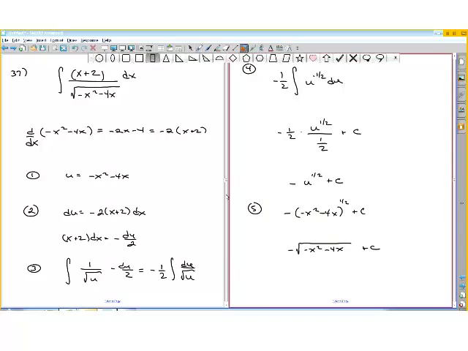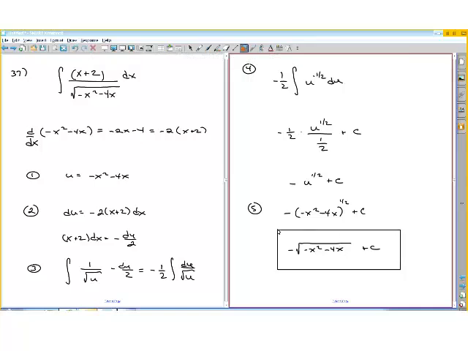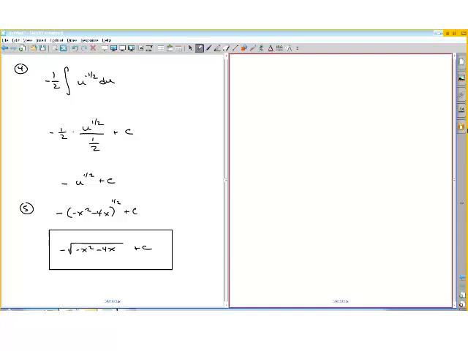Now what I'm going to do is make it just a little bit harder. If I took the original equation, and let's say I made that 4. So we have the integral of x plus 4 divided by the square root of negative x squared minus 2x dx.